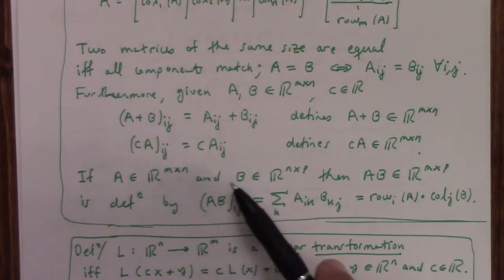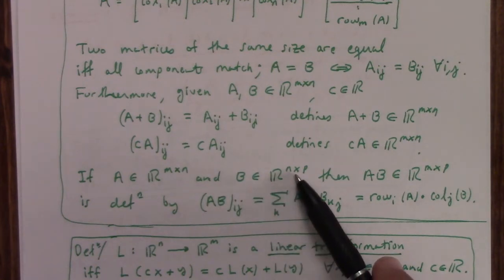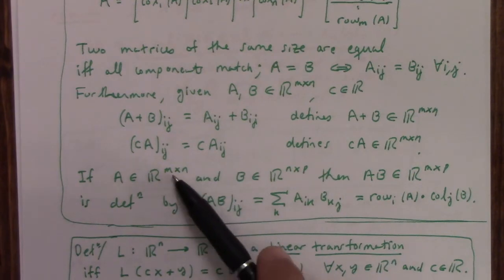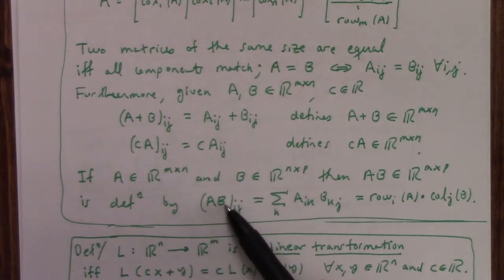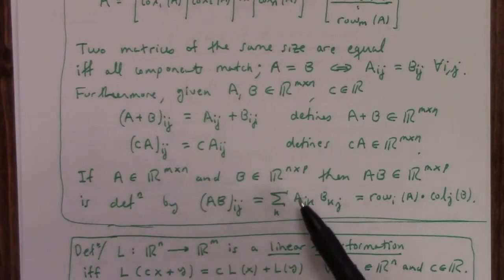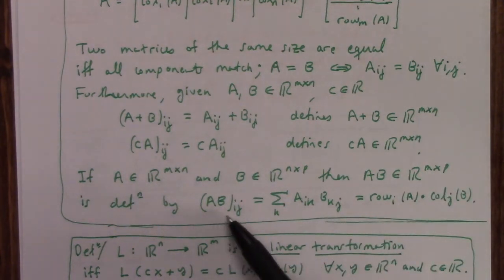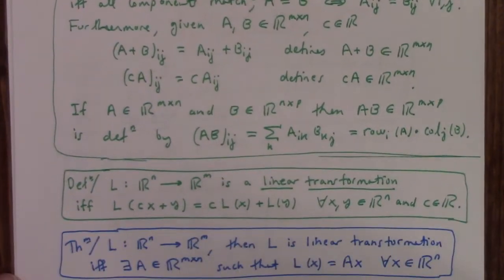And if you have two matrices which are multipliable, meaning that the number of columns in the left matches the number of rows in the right, so m by n times n by p, then AB is going to be an m by p matrix, and you can define it by this summation right here.